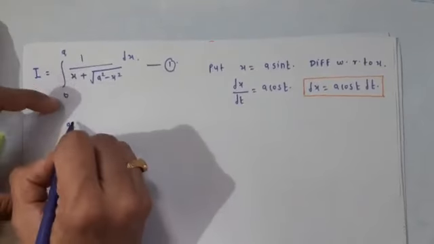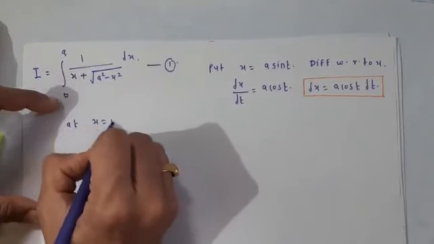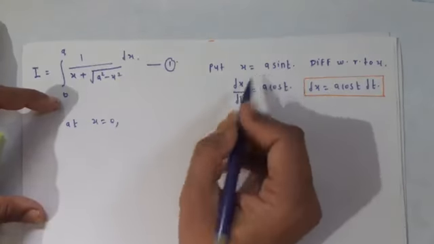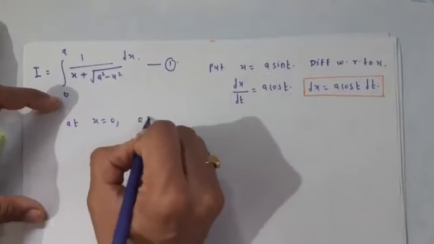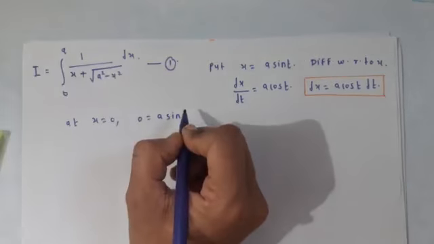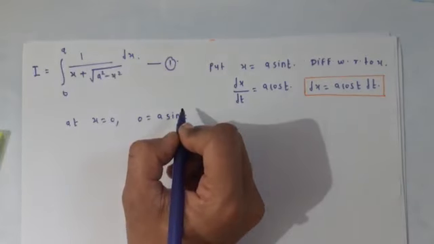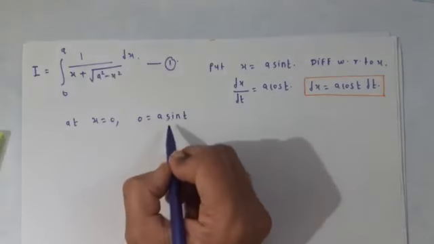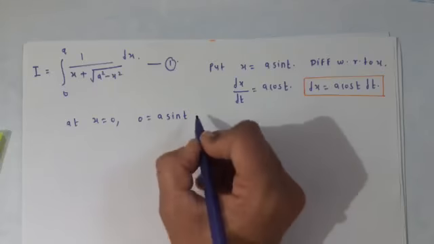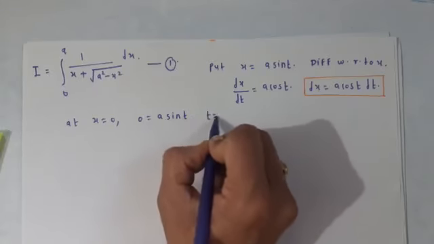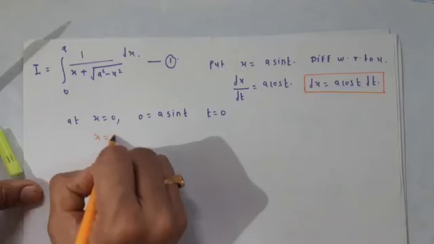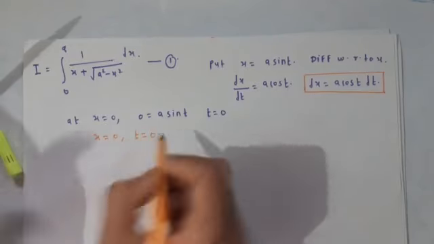At x equals 0, we have 0 equals a sin t, so sin t equals 0 upon a, equal to 0, and t equals sin inverse of 0, which implies t equals 0. Therefore at x equals 0, t equals 0.